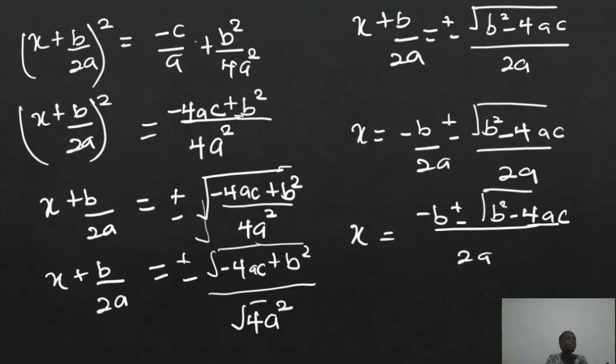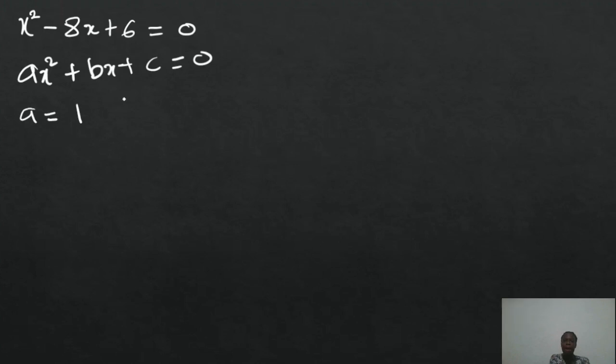So now the first example we have here is x squared minus 8x plus 6 is equal to 0. And then the generalized quadratic equation is ax squared plus bx plus c equal to 0. So from here we can say that a is equal to 1, b is equal to negative 8, and then c is equal to 6.